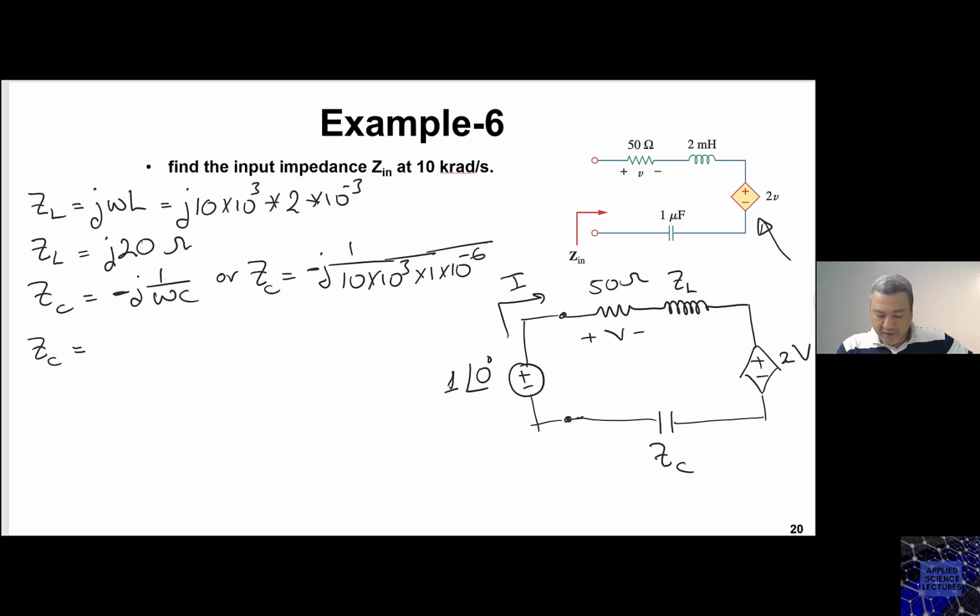Total goes up, becomes 1000 divided by 100 minus J divided by 10 minus J 100 ohm. So this one is minus J 100 ohm, and this one is J 20 ohm.